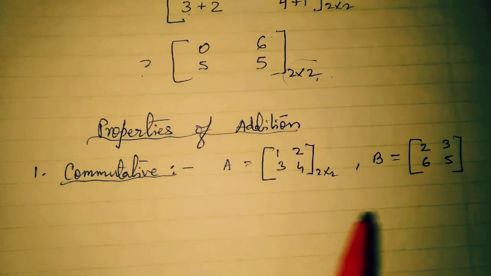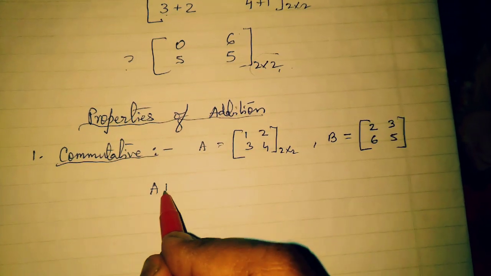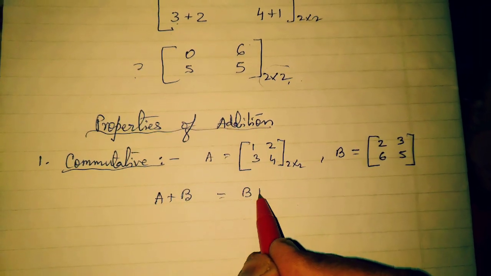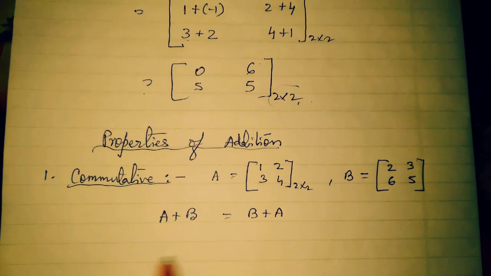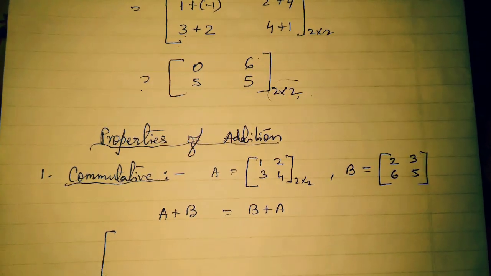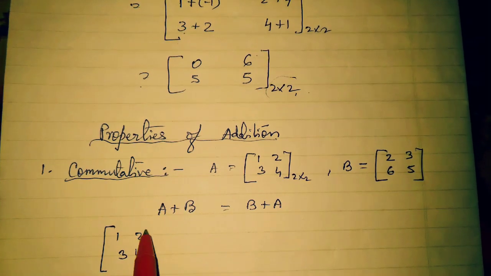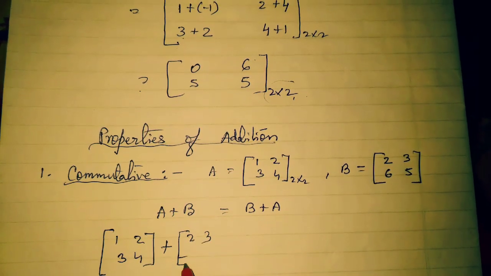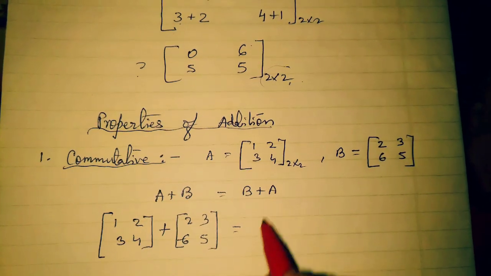So matrix addition is commutative, that means if we add A plus B and if we add B plus A, the result will always be the same. You can check also. If we add 1, 2, 3, 4 plus 2, 3, 6 and 5, is that equal to B plus A or not?